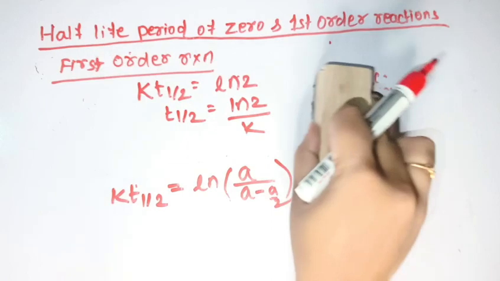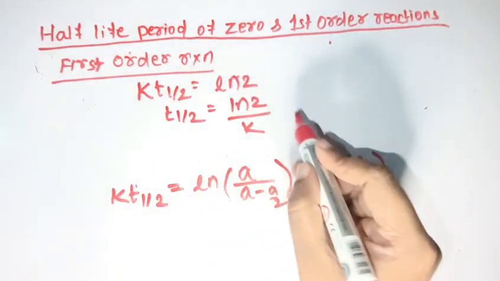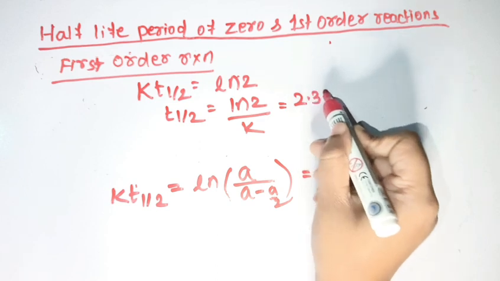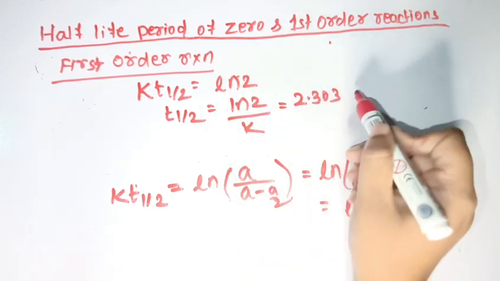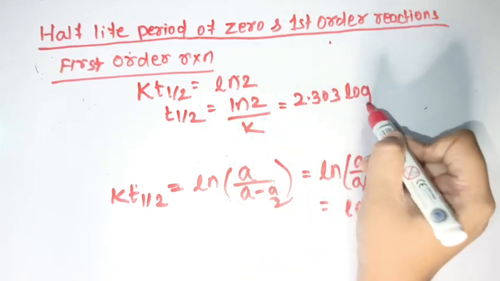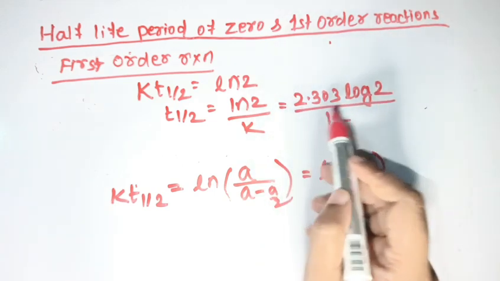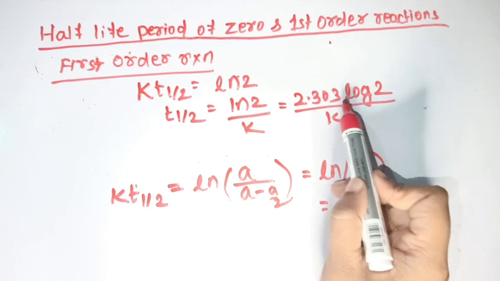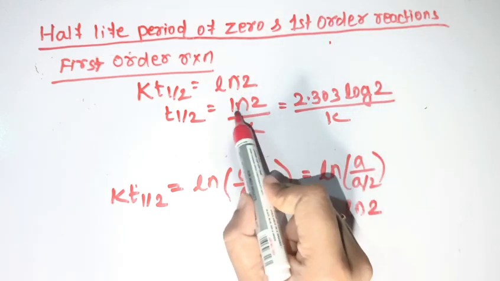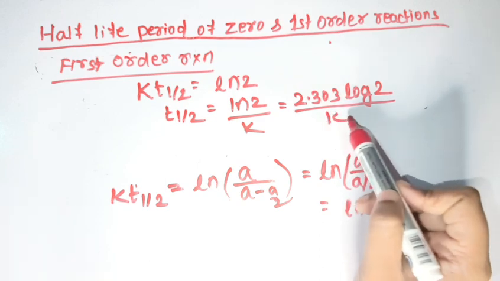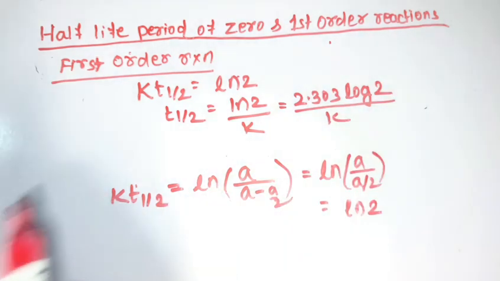We can remove this ln by multiplying by 2.303 and converting the ln into log 2 by k. Here I multiplied by 2.303 and converted this ln value into log value, and the k remained as it is, and this 2 also remained as it is.